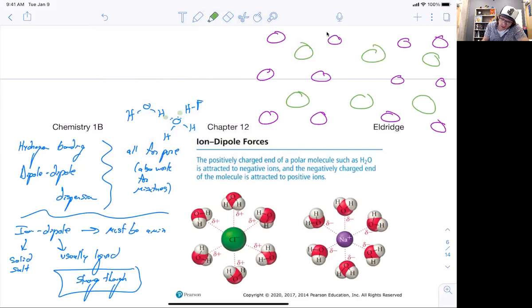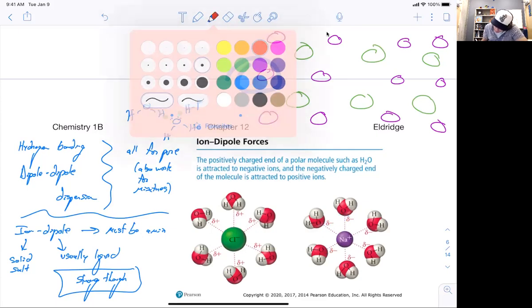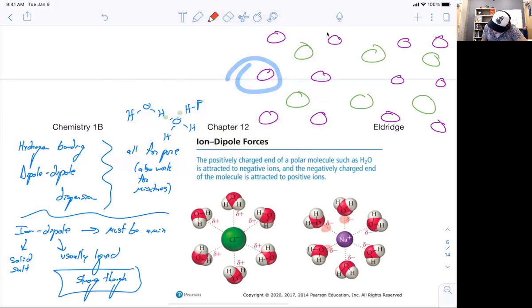And what water does is it goes in and it grabs one ion at a time. And since that was a sodium, it's going to orient the oxygen side, the negative side, towards the sodium, towards the positive sodium. And they're showing 6 here, and I think 6 might be right, but sometimes it's 8, sometimes it's 10, 12.